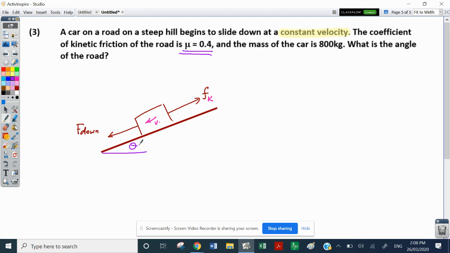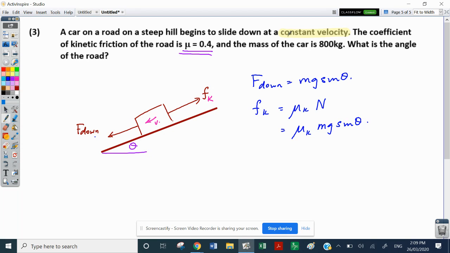Okay, so let's just remind ourselves what we're doing here. That force down is mg sine theta. Fk is mu k times N, and that is mu k times mg cos theta.